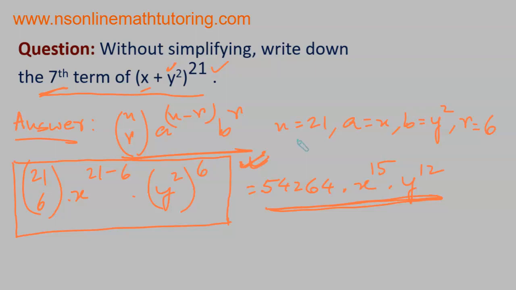So over here you are just being tested whether you are able to select the 7th term. How do you get the 7th term expression? That is what is getting tested in these questions.